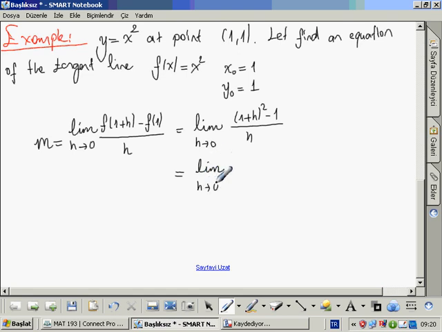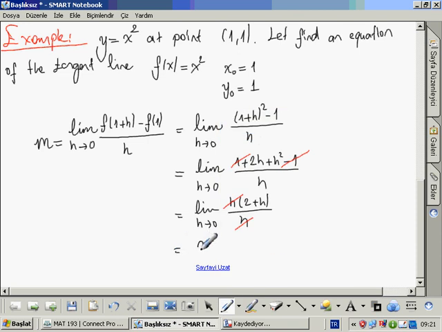That is the limit of 1 plus 2h plus h squared minus 1 over h, and these ones will be cancelled. After that, the limit as h approaches 0 of h times (2 plus h) over h, and this h will be cancelled, and you will obtain 2.